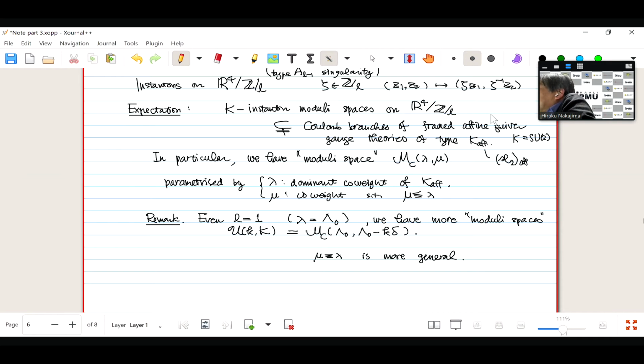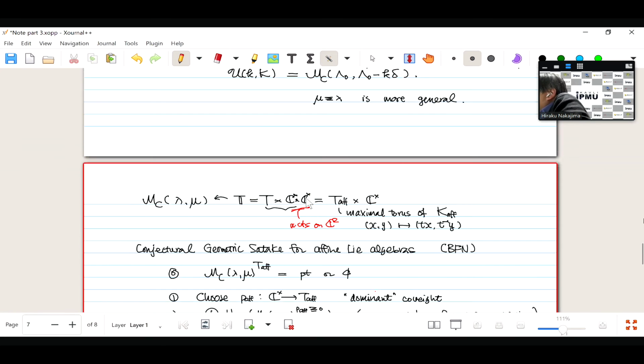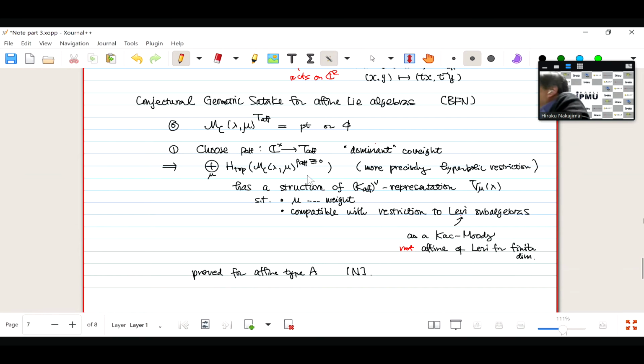And if we consider the same kind of construction, then you recover the usual geometric Satake correspondence, which is proved by many people, Lusztig, Ginzburg, and Mirković-Vilonen. So this formulation is closest to Mirković-Vilonen's formulation.